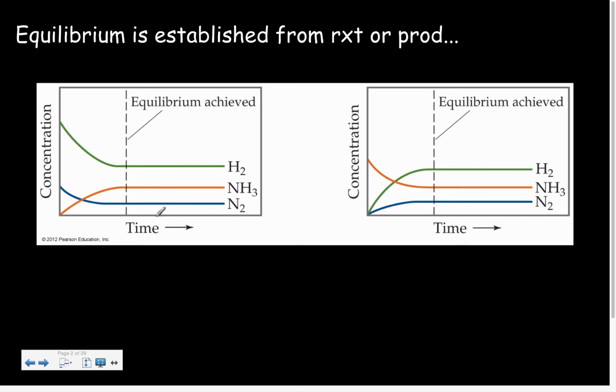Here, this is for the production of ammonia: N2 plus H2 to make NH3. If we start with some nitrogen and hydrogen, eventually they react, consume each other, and produce NH3 until we reach equilibrium. Likewise, if we just start with NH3 in the vessel, eventually that will also decompose to form some hydrogen and nitrogen.